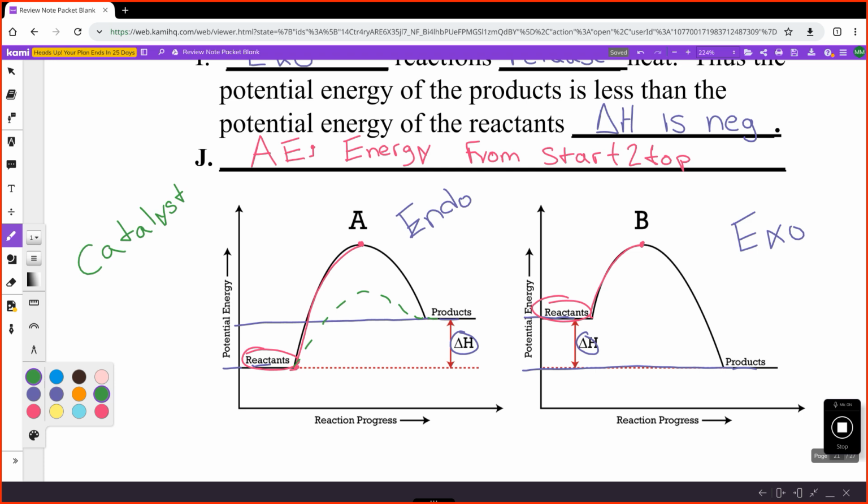Same process, reactants are unaffected, products are unaffected, but to get from point A to point B, the amount of energy required is less, and that makes the collisions easier to be effective. Same thing on this side. The catalyst goes up, and then it comes down. Starts in the same place, ends in the same place, but over the whole course of the situation, just requires less energy to start.